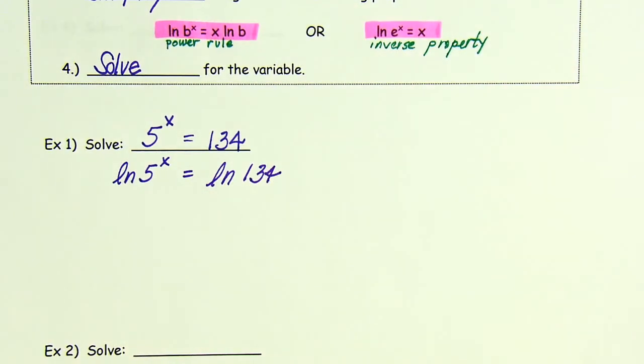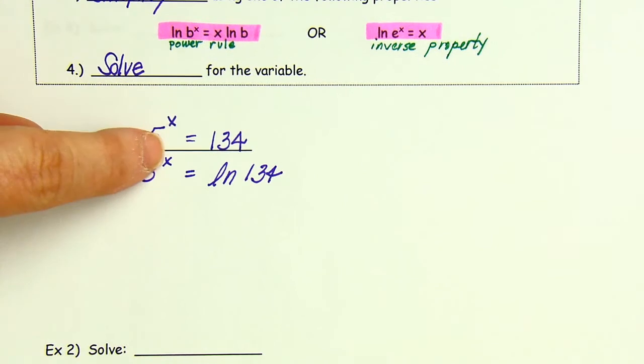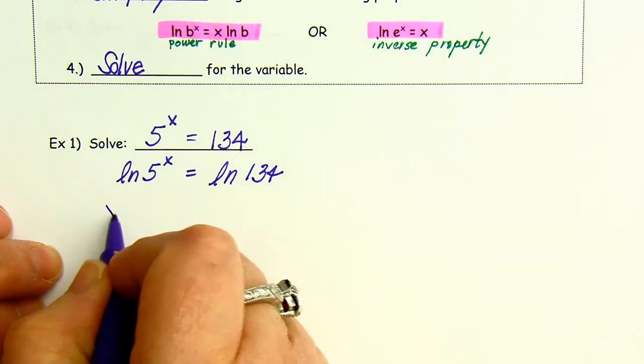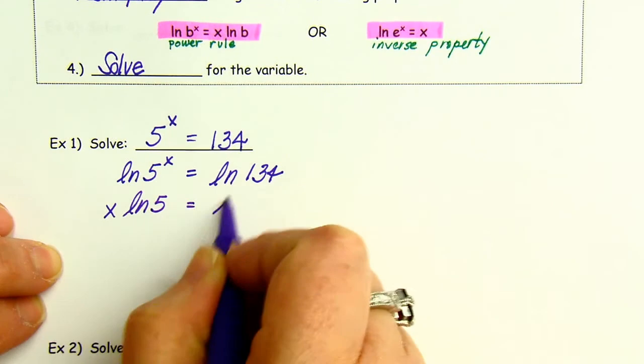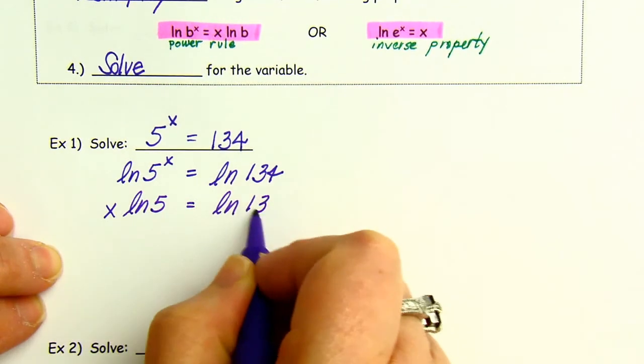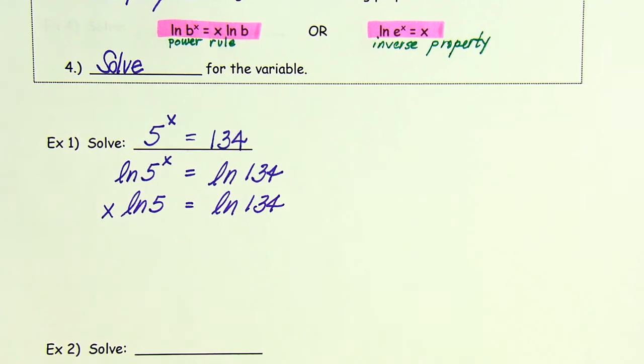Take the natural log of both sides so that you can use the power rule that allows the exponent to come out front. On the left side, I have x times the natural log of 5 equals the natural log of 134. The only way to break this apart is to divide.